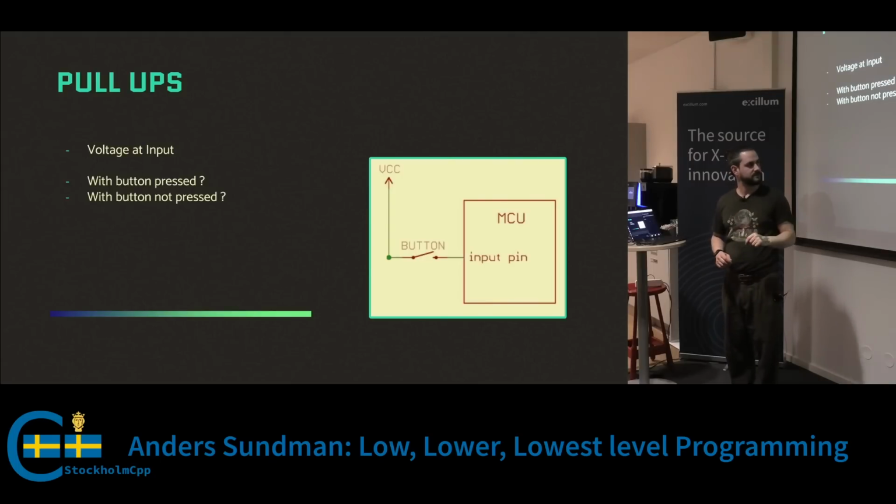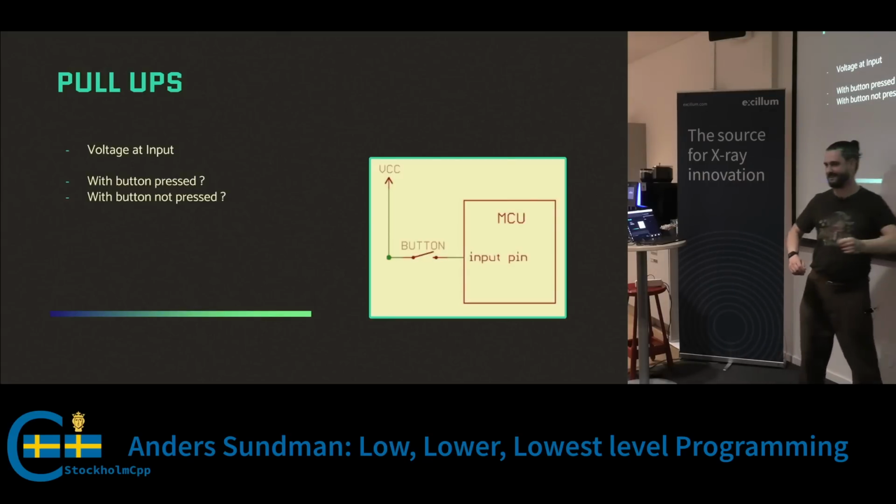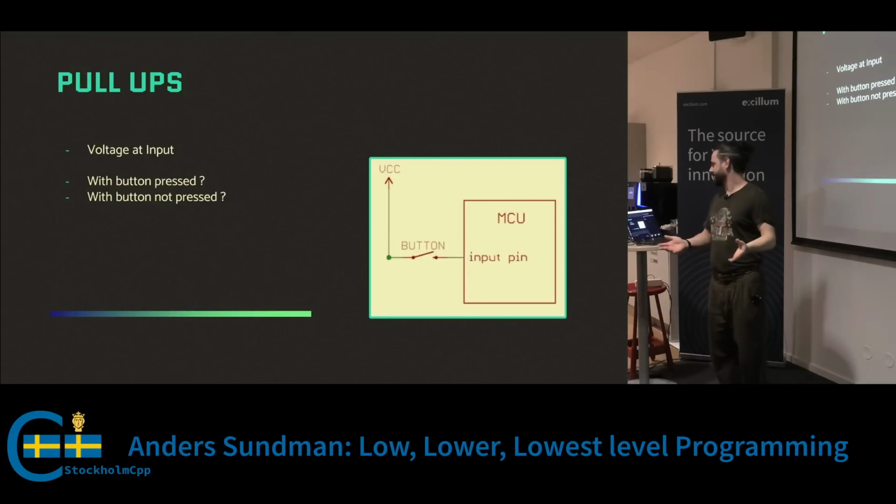The problem is that when the button is closed, you have a nice signal because it's connected to the power. When it's open, it's not really connected to anything. We say that it's floating, and that is bad, because what you basically have then is an antenna that can pick up whatever you happen to have close to it, typically your mains.